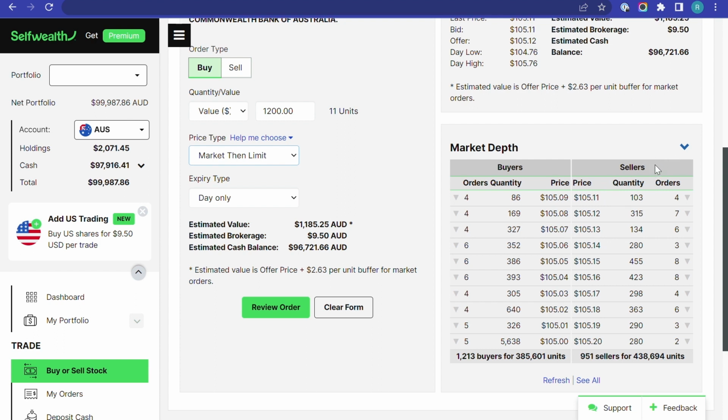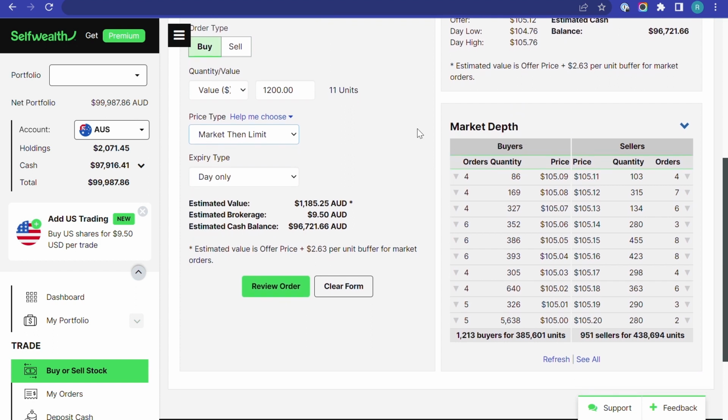If there are not enough shares on the sell side, we'll buy as much as we can, and then the rest of the order will end up on the buy side. For example, if we were to buy 105 shares at $105.11 with the market then limit order, we would end up with all 103 shares and there would be 2 shares left on the buy side, and that would wait for somebody to sell into our order.